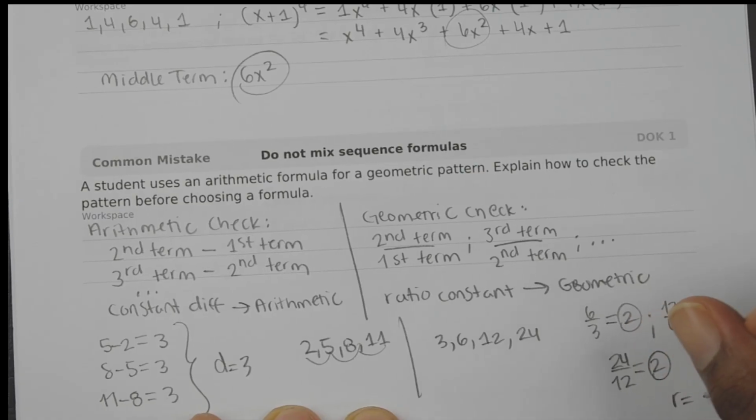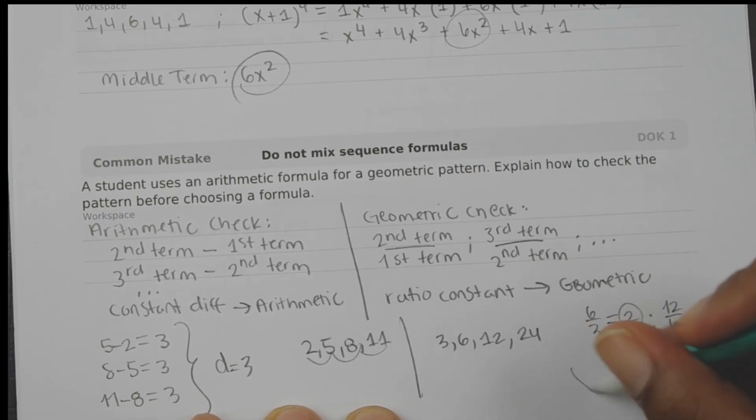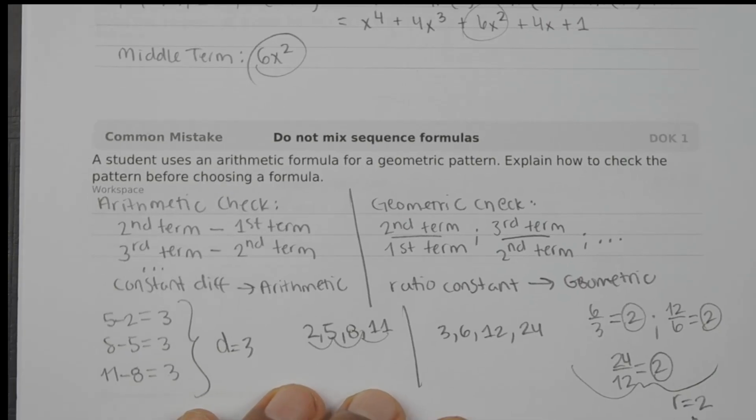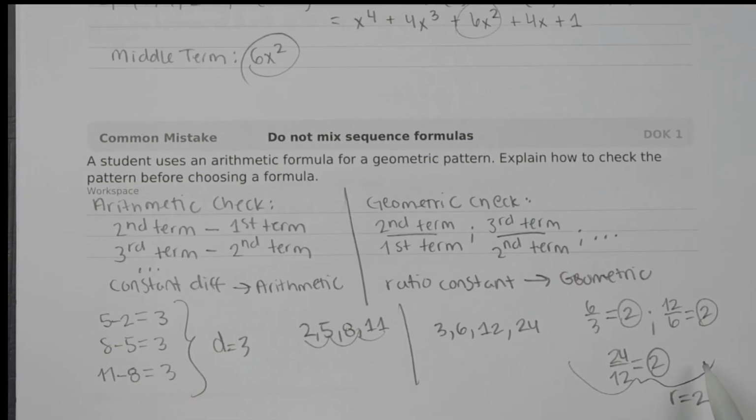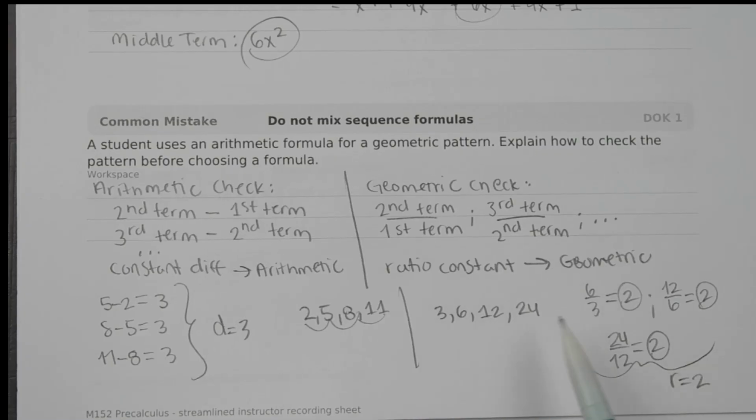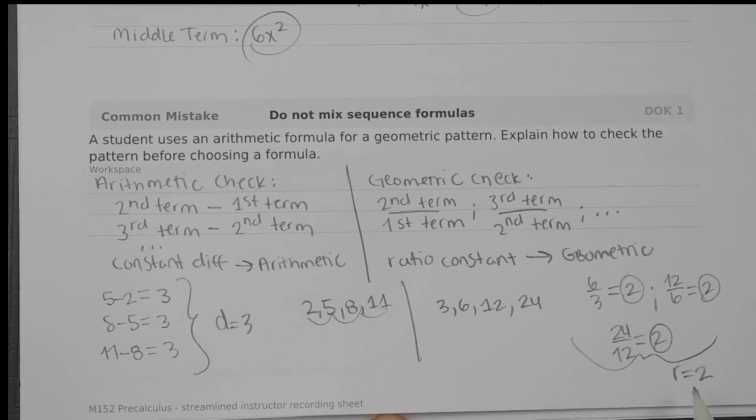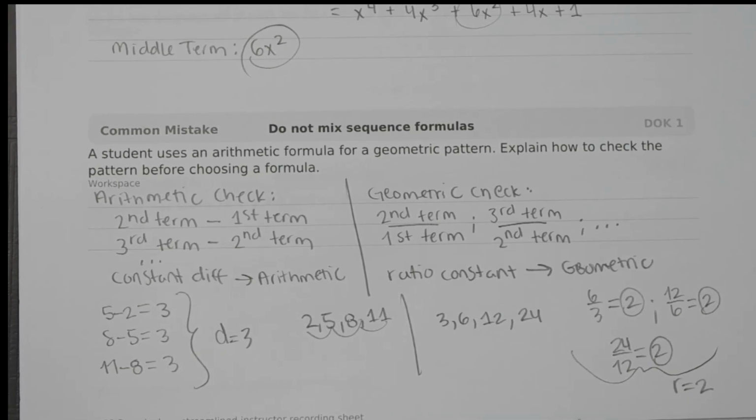So the ratio being consistent lets me know that there's a constant geometric ratio there. Do not choose a formula simply because the numbers increase or decrease. You can't do that, okay? You have to check how they change.